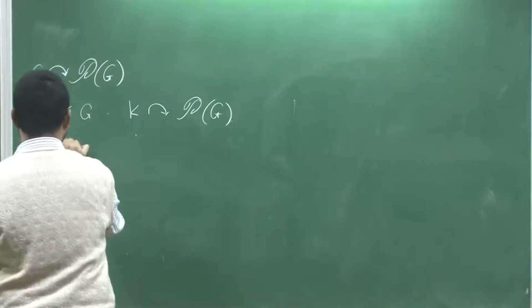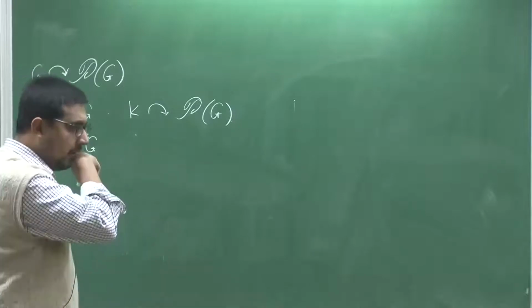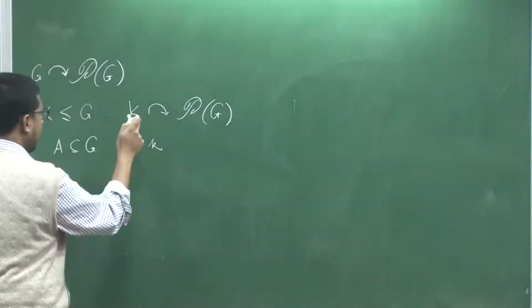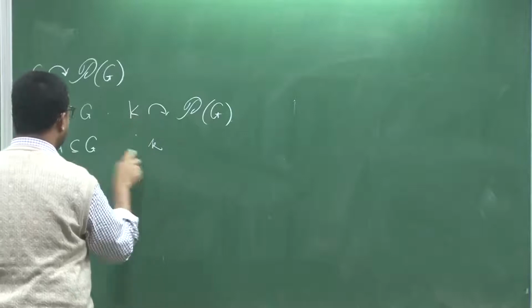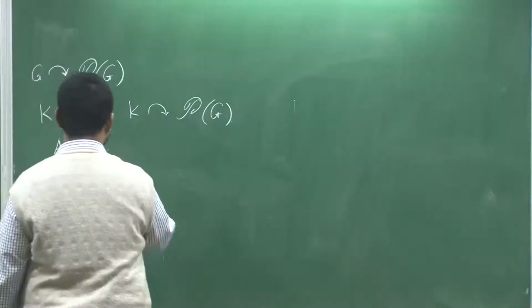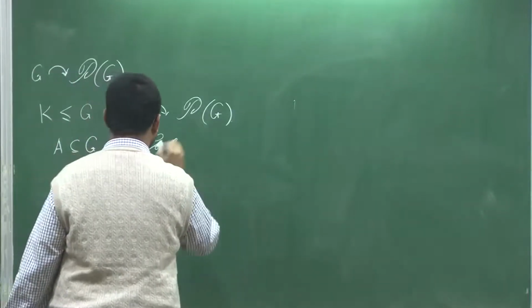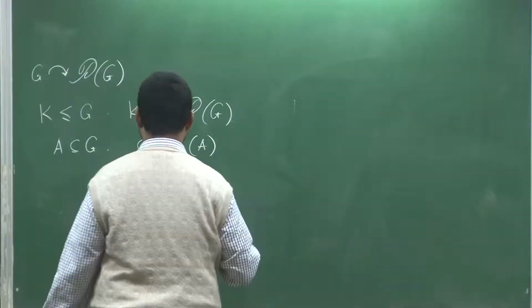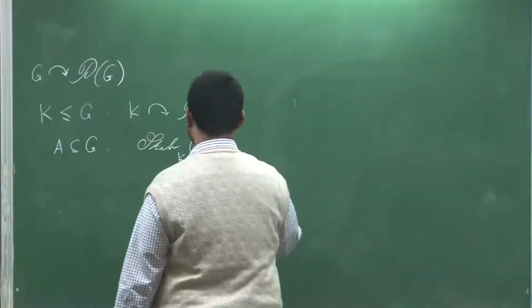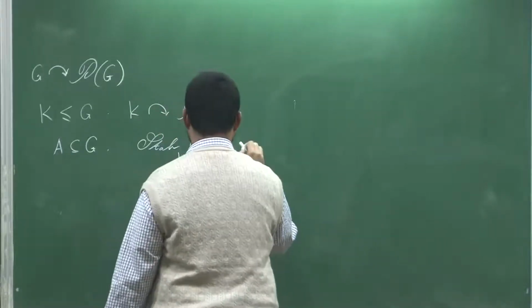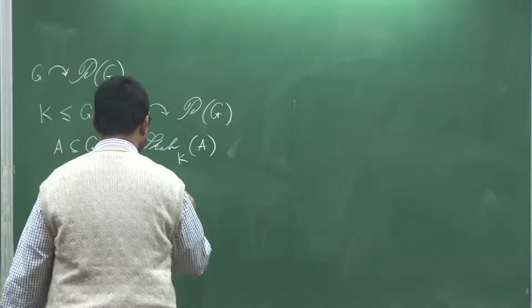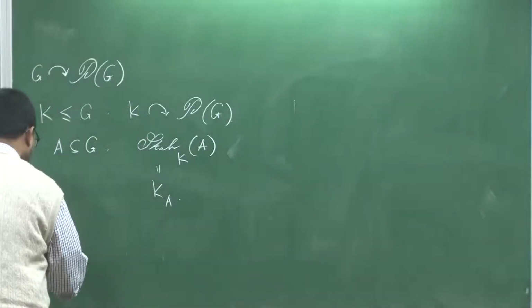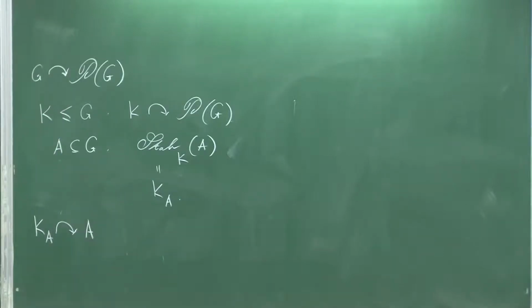Now, if A is a subset of G, there is no guarantee that every element stays in A. If I act by the elements of K on A, then some elements of K might be moved outside A. So, in order to avoid that, we can consider the stabilizer of A inside K, which we denote for the time being by K_A. Now K_A acts on A by left multiplication.